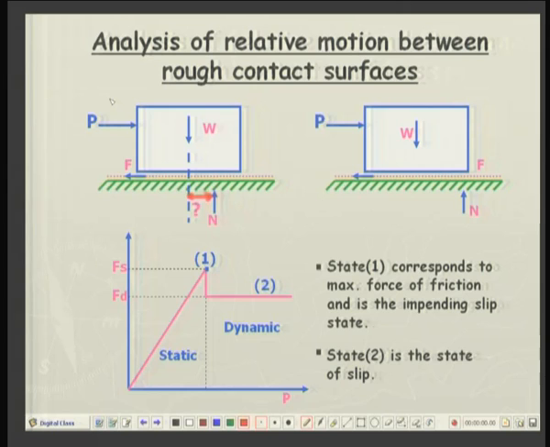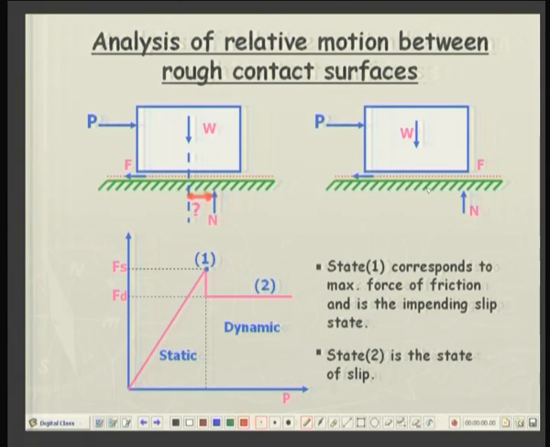So, as we keep on increasing P, the pushing force which is trying to move the block, the couple is increasing, while the values of W and N are the same. To balance the increased couple, the line of action of N should also keep on moving towards the right.